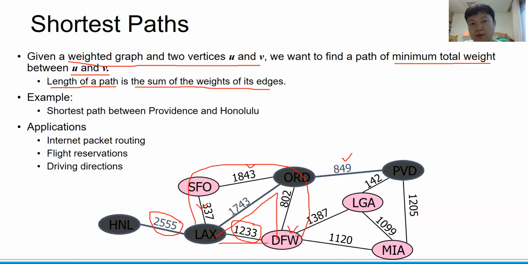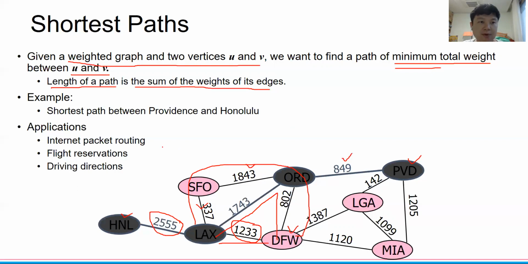So there are three alternatives, and you need to calculate what is the nearest. So what is the shortest, because we want to find the minimum. If you want to check the longest one, like from Honolulu to Providence, of course, you need to check many of the routes to find which is the minimum.